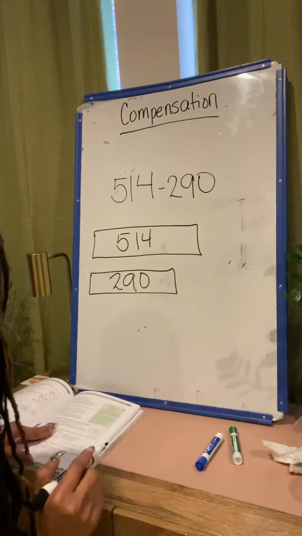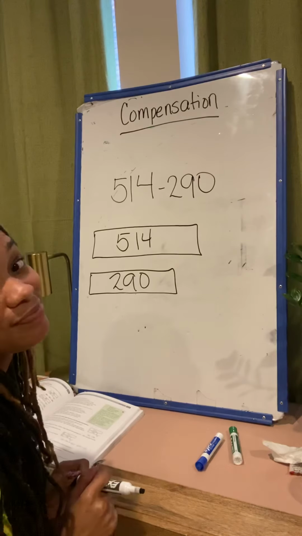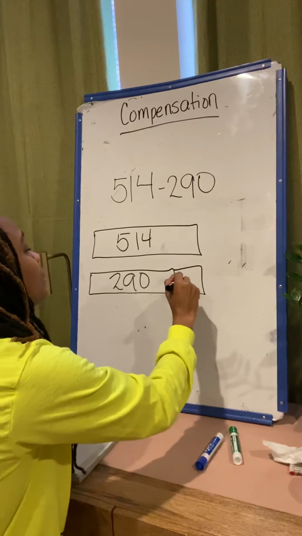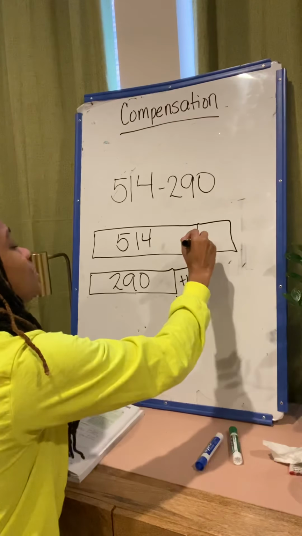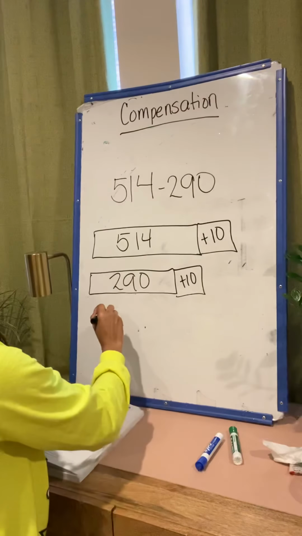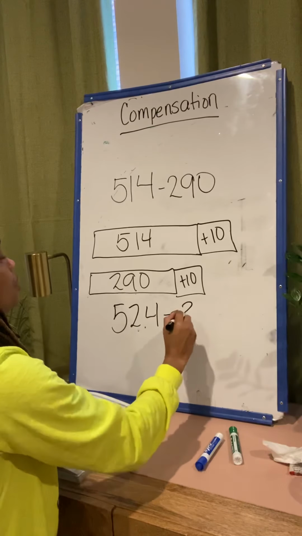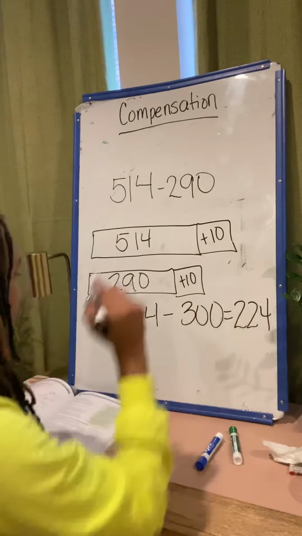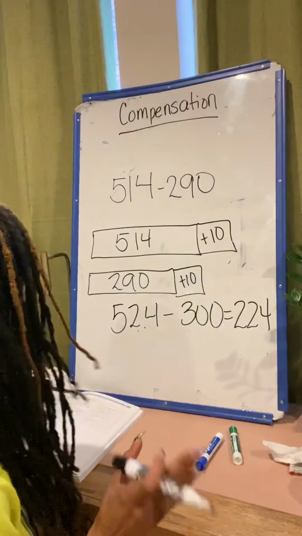Now I want you all to think about how much each number needs to make the problem easier. If you said 10, you're absolutely correct. All we need is 10 to get to our benchmark number, which is 300. If I added 10 to that number, I also need to add 10 to 514. So now I have 524 minus 300, which will give me 224. Super duper easy.